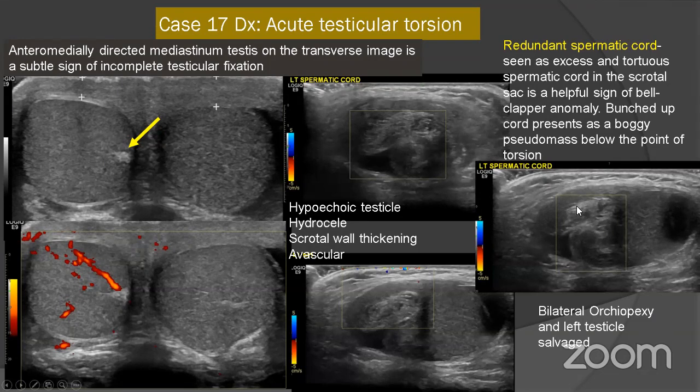And this redundant, boggy appearing excess soft tissue structure in the superior aspect of the testicle is a very helpful sign of a twisted spermatic cord. And basically it's twisted, and below that it's all bunched up.